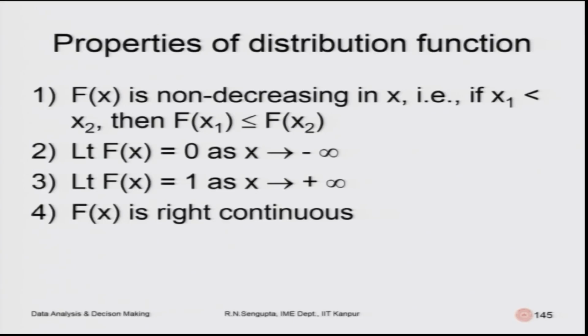So, properties of the distribution function: this distribution function means the CDF value I am talking about, and I am using capital F of x. Small f of x is basically the PMF or the PDF.